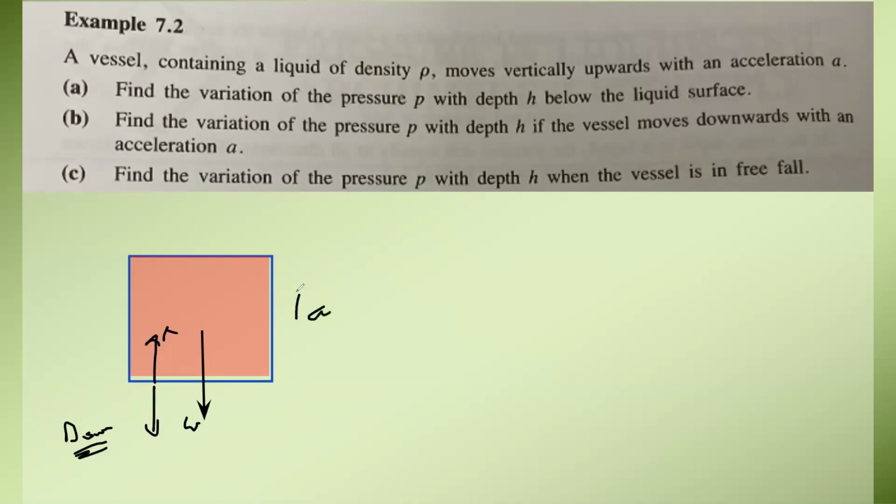But when it is accelerating upward, there is more downward force, as the liquid will also push downward, so that downward force balances with the R. And in terms of the acceleration, the R must be greater than the weight to accelerate. So R minus W is equal to MA. So R is equal to W plus MA.